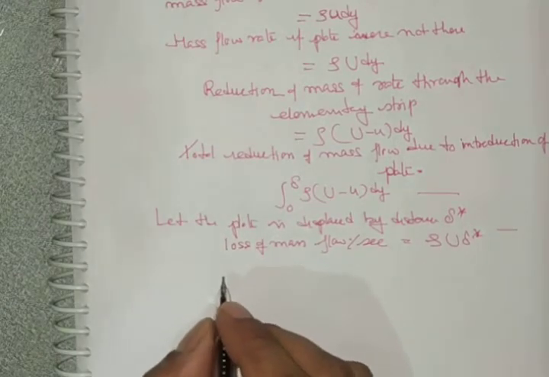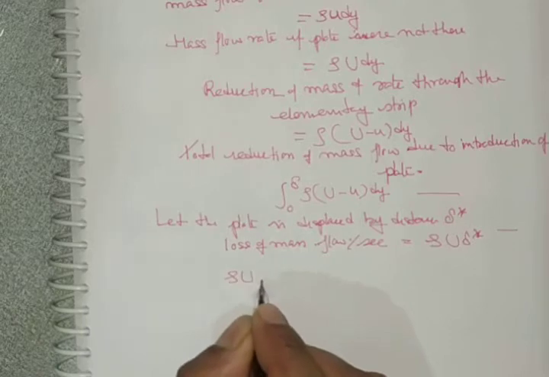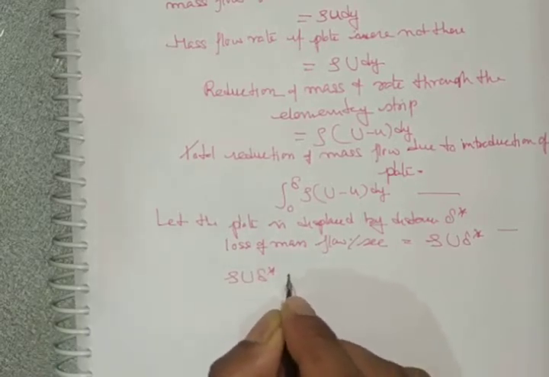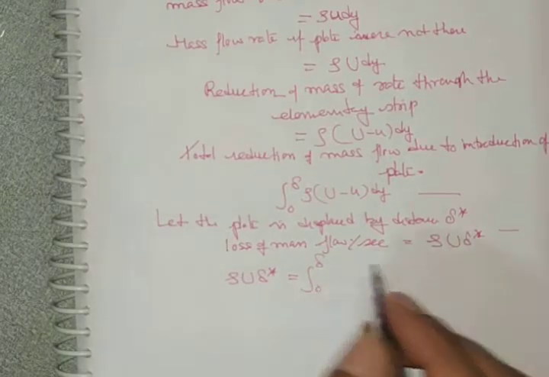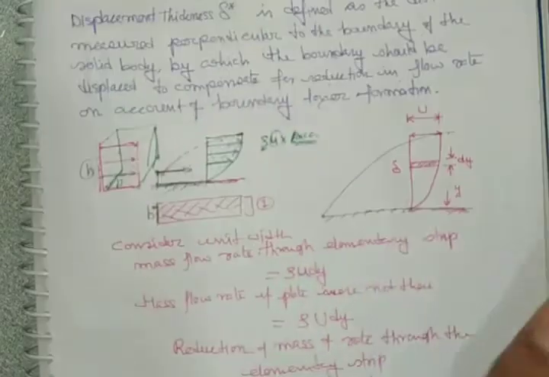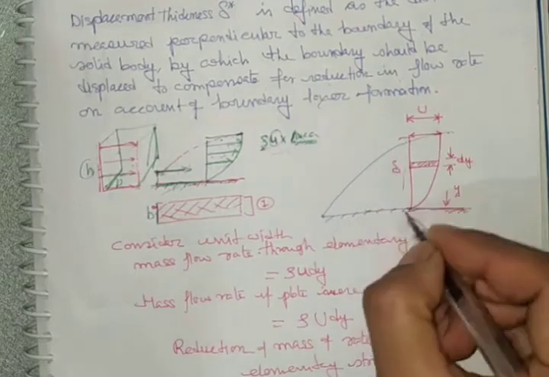So your rho capital U delta star must be equal to the integration from 0 to delta. Why is it 0 to delta? Because from here it is delta, this is 0.